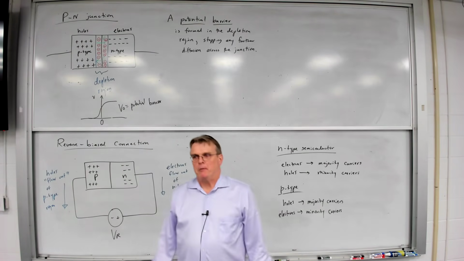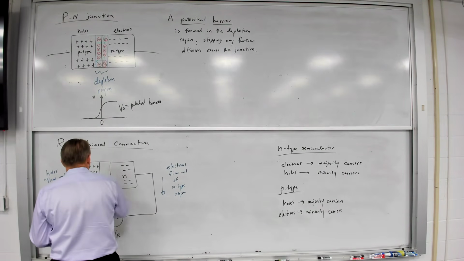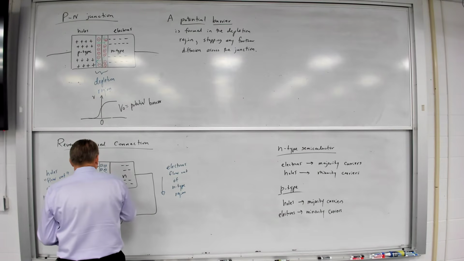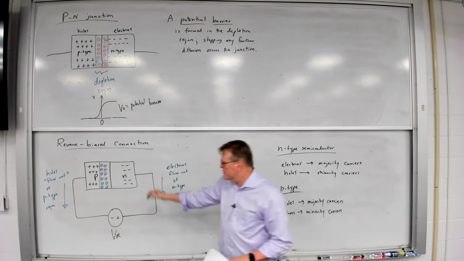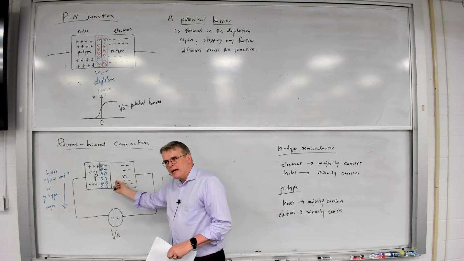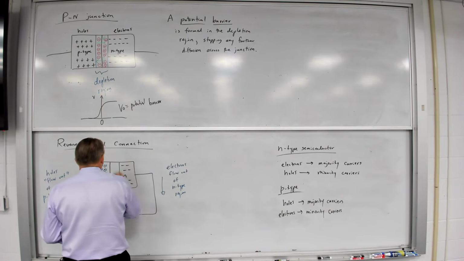It's going to get bigger. And as electrons flow out of this region, the positively charged depletion region on this side gets bigger.